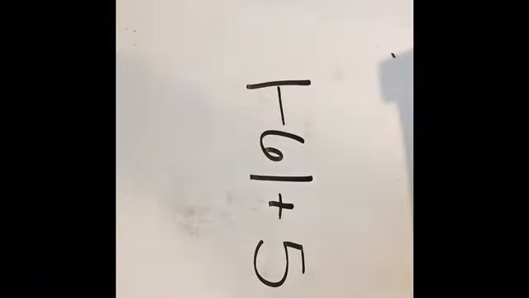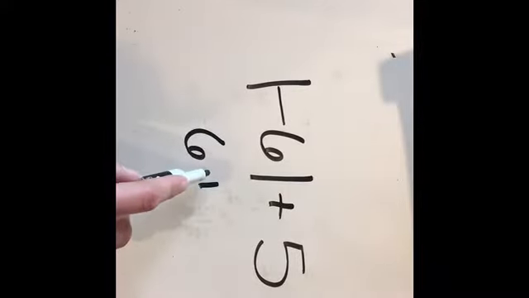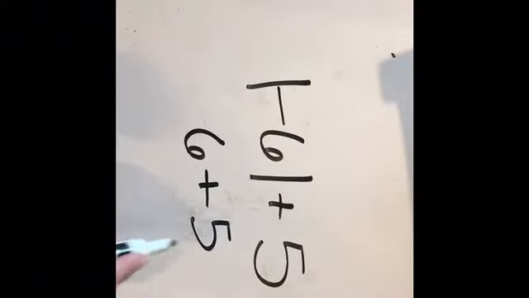What is the absolute value of -6? Well, we know -6 is how far away from 0, right? The definition for absolute value is distance from 0. How far away is -6 from 0? It is 6 units, right? So we have 6, and we'll bring down the plus 5, and we know 6 plus 5 is 11.